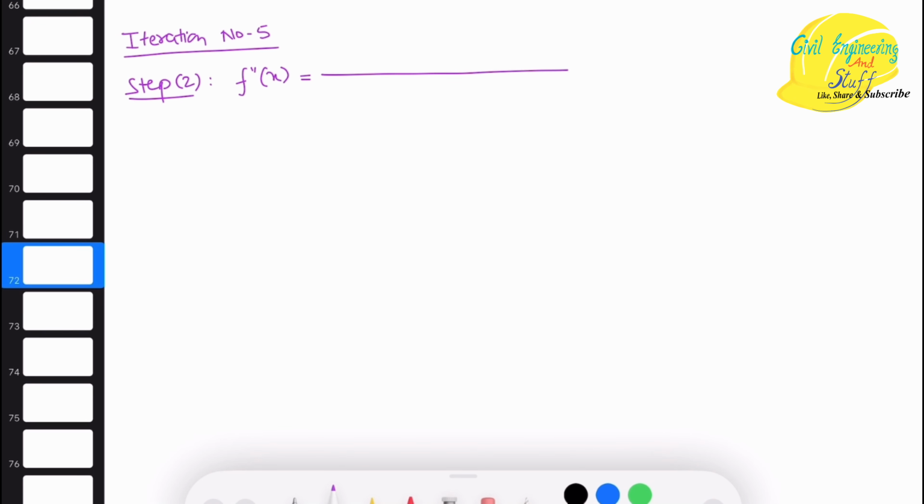So f double dash x is 27 plus 27.001 minus twice of 27 that we have found, divided by 0.01 whole square. If you have any doubt in how we got any of the values, you can always ask in the comment section, right? There is no issue in that. 13.322, right? So the value of f double dash x is 13.322, right?